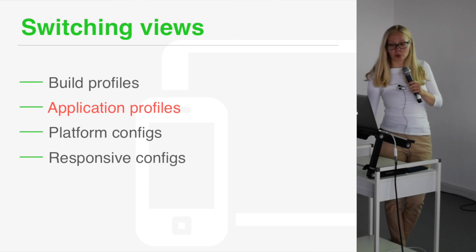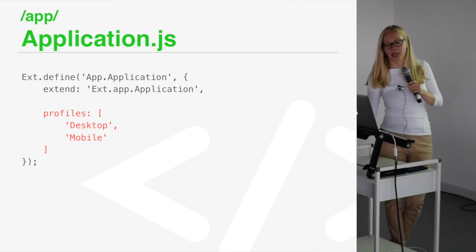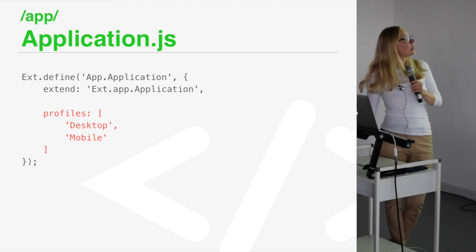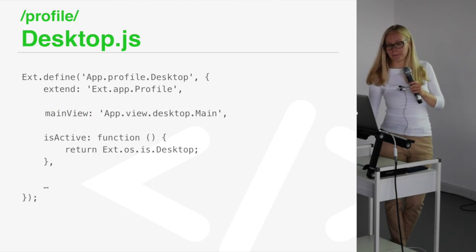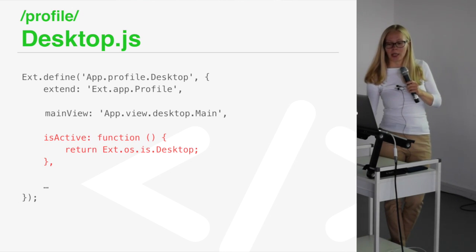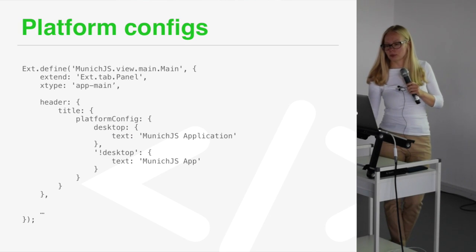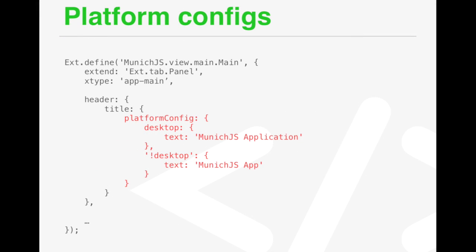Application profiles should be listed in the profiles array inside of the application class, and the active profile should be determined by the return value of the isActive method on the profile, and the main view of the active profile will be loaded. With platform config, it's possible to assign some config or class config based on platform or device type.